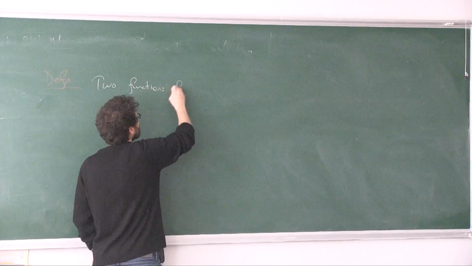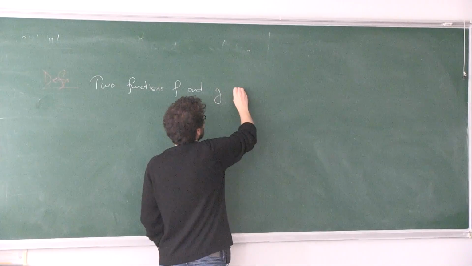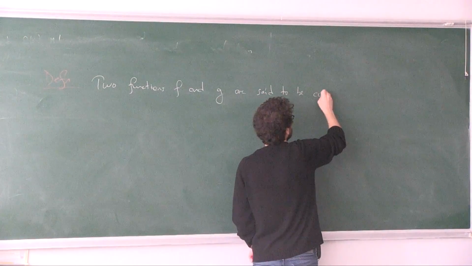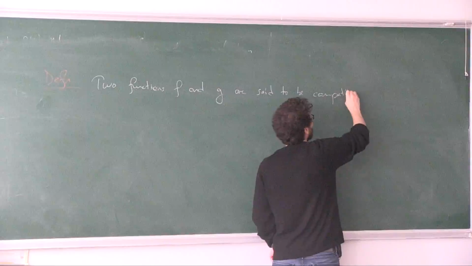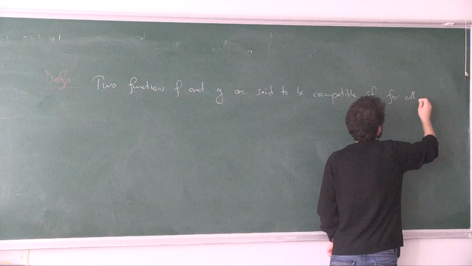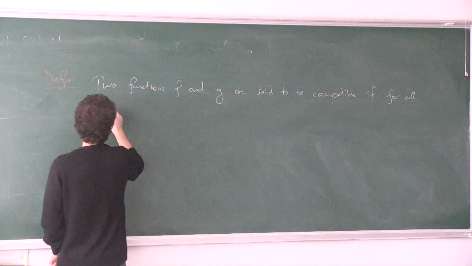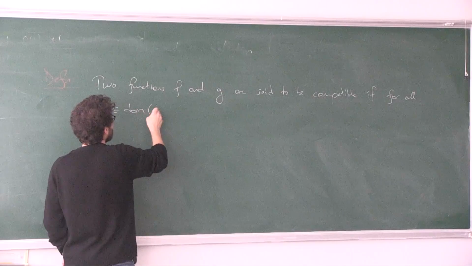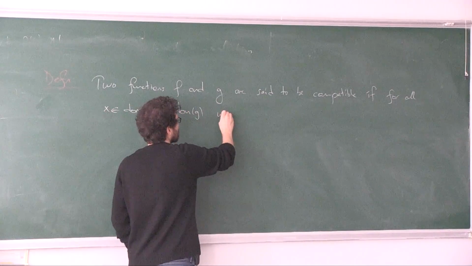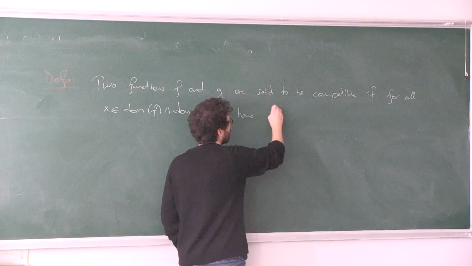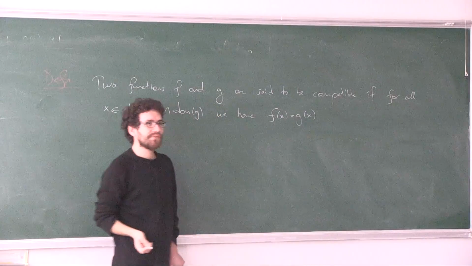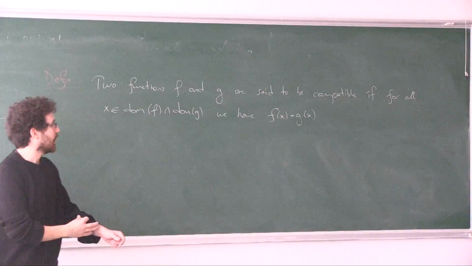Two functions f and g are said to be compatible if for all sets x in the intersection of the domains of these functions, we have that these functions agree on the values.